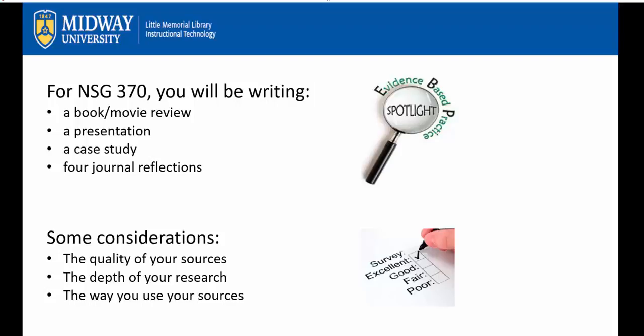Depth of your research. What do I mean by that? For lower level classes, it might be okay for you to look at 1 or 2 articles, draw your conclusion, and write your paper or your case study or what have you. At the 300 level, that's really not going to cut it anymore. What you need to do is look at a number of sources, at least 5, probably more like 10 or even 20, depending on the importance of the research that you're doing.